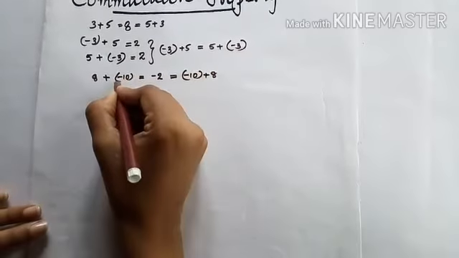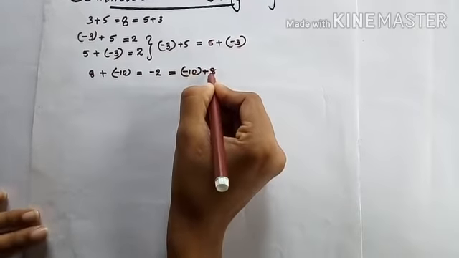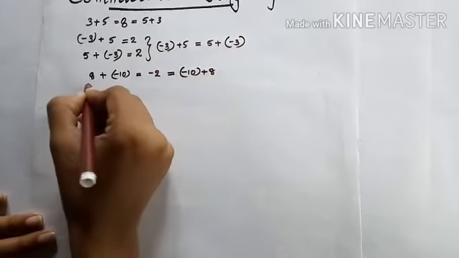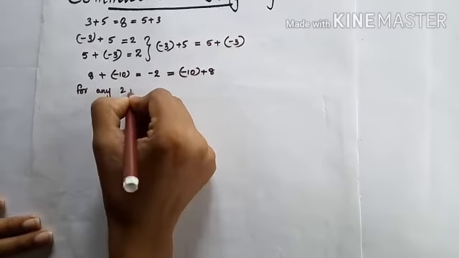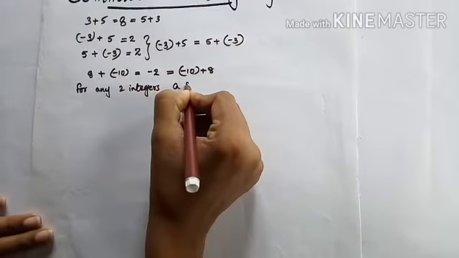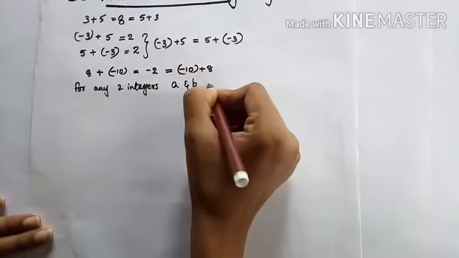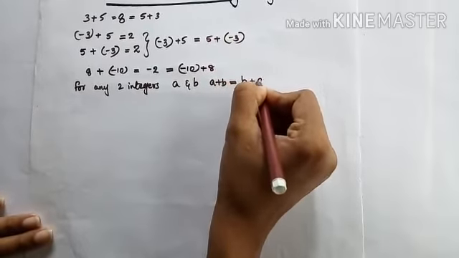So 8 plus -10 is equal to -10 plus 8. In general, we can say that for any two integers a and b, a plus b is equal to b plus a.